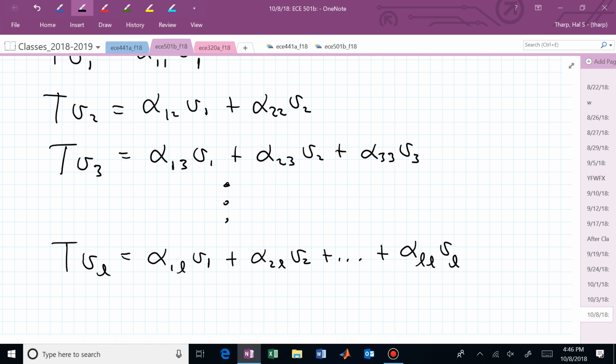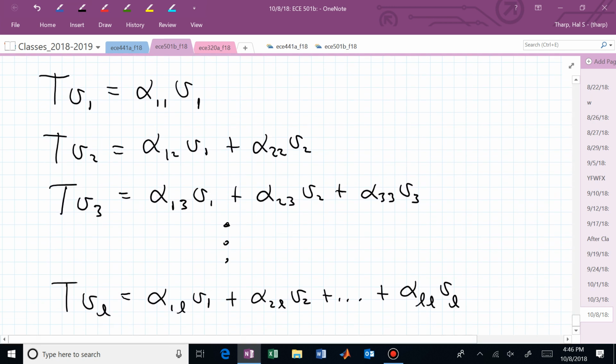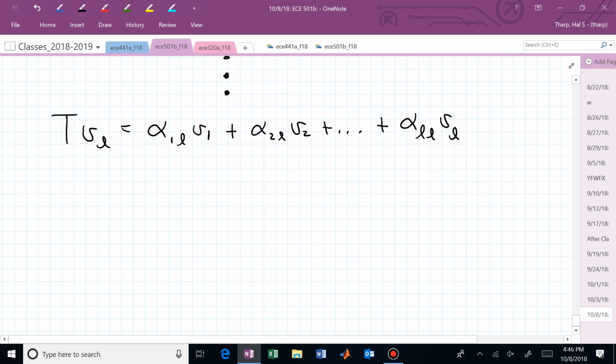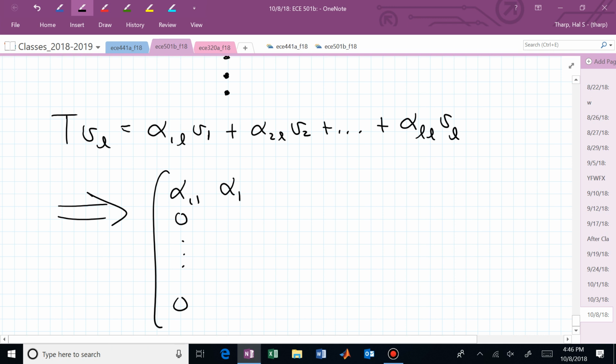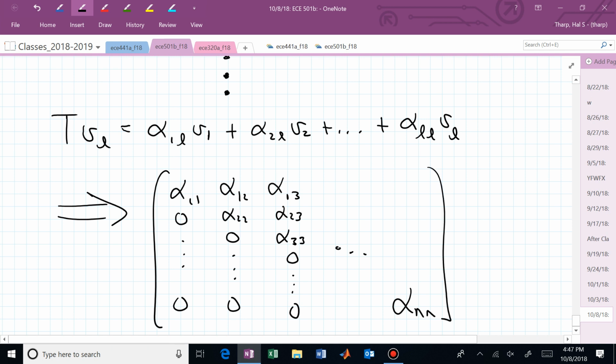But now I can use those scalars to populate a matrix. And I've hopefully indexed those appropriately, so that now the matrix representation of T is alpha 1,1 and nothing else below it, alpha 1,2, alpha 2,2 and nothing below that, alpha 1,3, alpha 2,3, alpha 3,3, etc. down to alpha n,n.